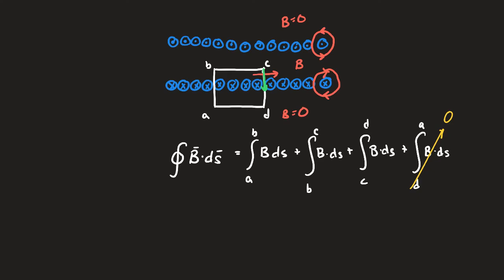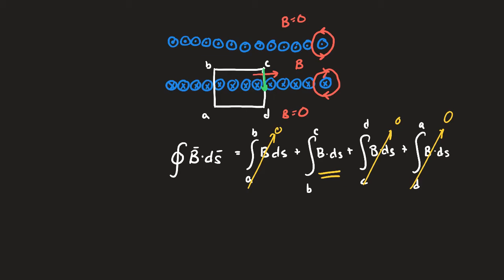So A to B is going to be 0, and C to D is going to be 0. Meaning the only contribution to Ampere's Law is the part of the loop that goes in the direction of the magnetic field, B to C.